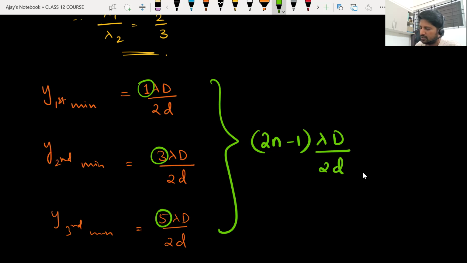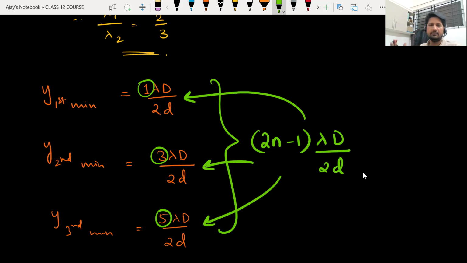You substitute n as 1. 2 into 1 is 2, minus 1 is 1. You get 1 lambda D by 2d. If you want the second minimum, you substitute n as 2. 2 into 2 is 4, 4 minus 1 is 3 lambda D by 2d, second minimum. Third minimum. You can tell the position of any minimum. Clear?